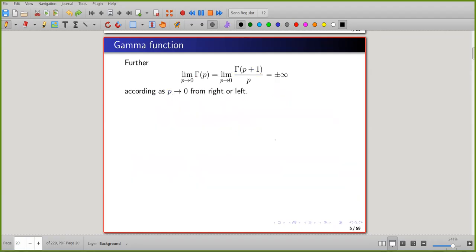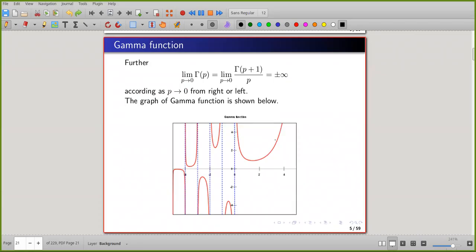Let me go ahead and choose the next picture. At p equal to 0, if we approach from the right, then the gamma function tends to infinity, and if we approach from the left, then the gamma function tends to -infinity.